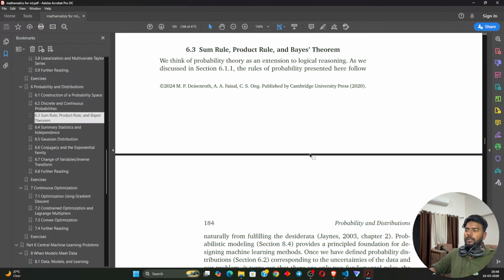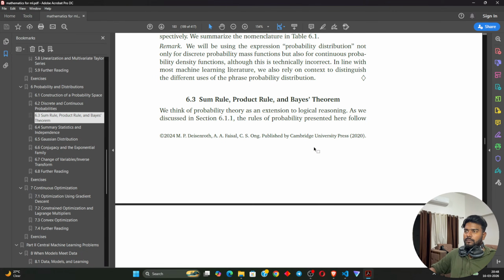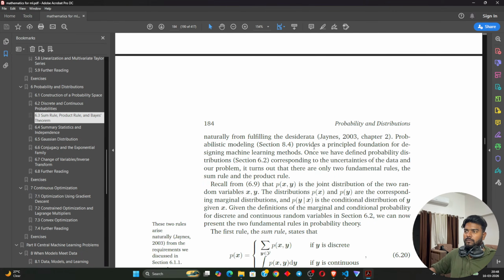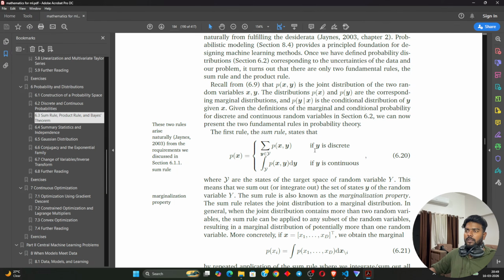Sum rule, product rule, Bayes' theorem. Now, the sum rule and the product rule. The first rule, the sum rule, states that p(x) equals the summation of p(x, y) if y is discrete, and the integral of p(x, y) dy if y is continuous.